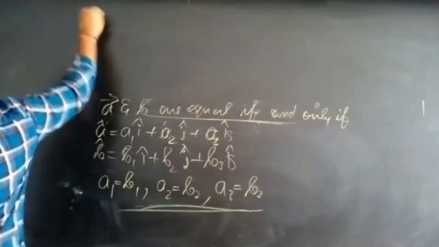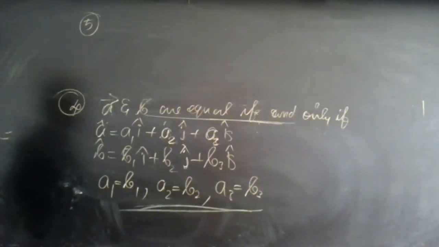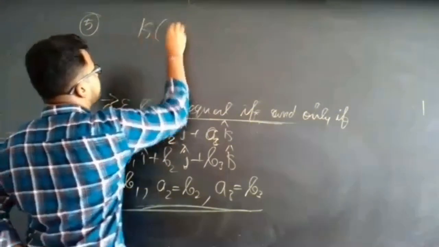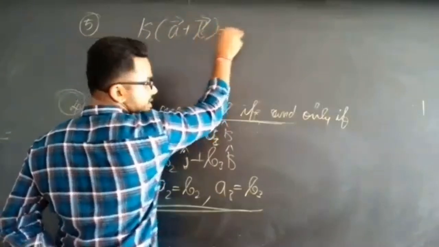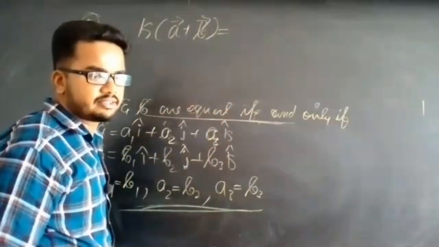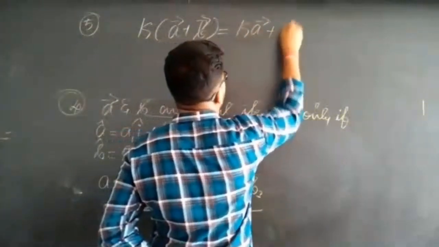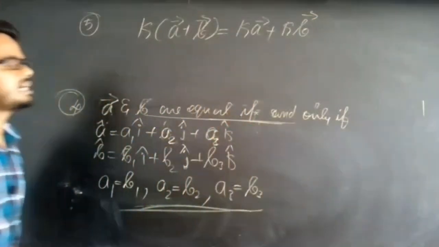Point number 5. How can we write it if there is a multiplied term? Consider k into (vector a plus vector b). We can write that as k into vector a plus k into vector b. That is monomial into binomial multiplication.